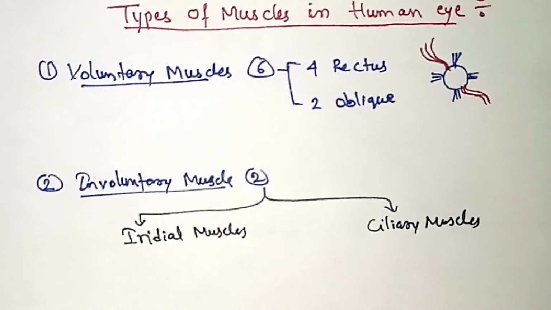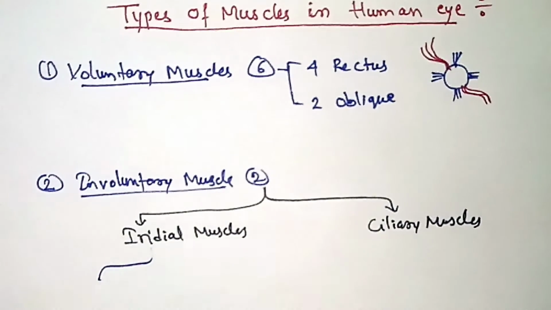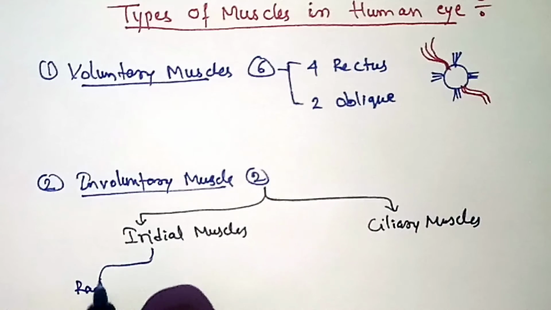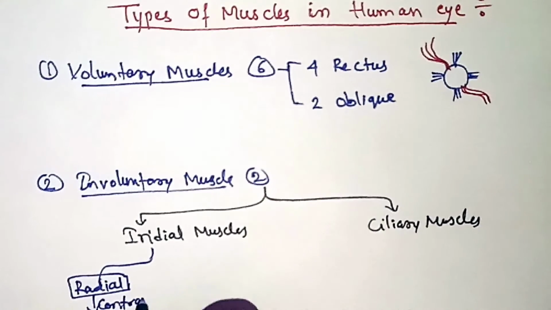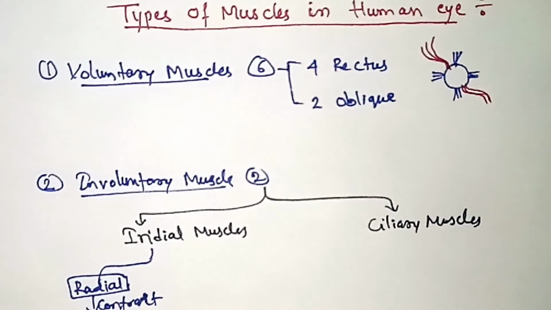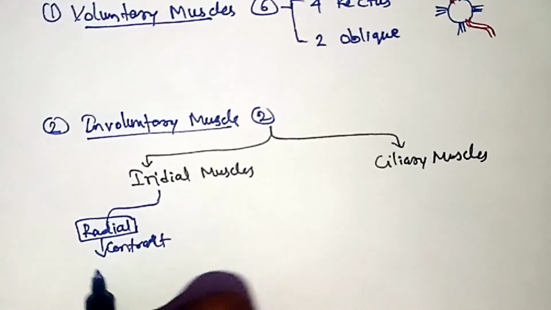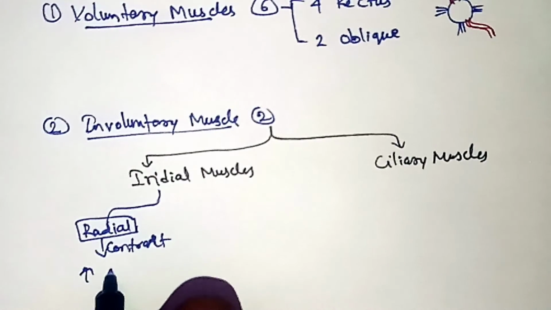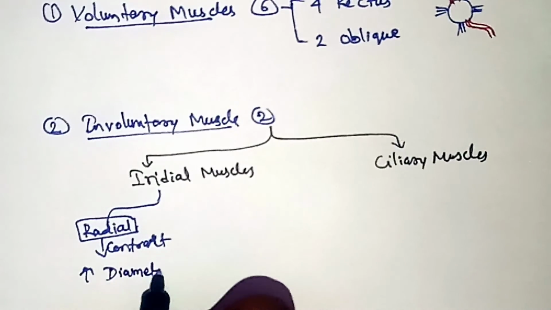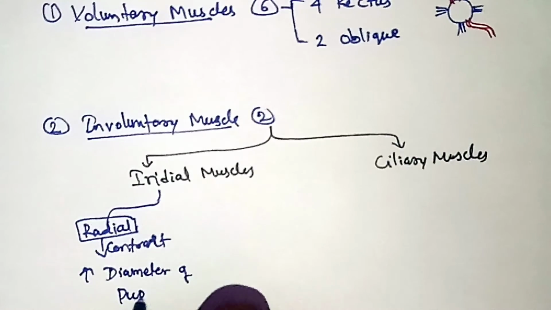In iridial muscles, if radial muscles contract, then the diameter of the pupil will increase.